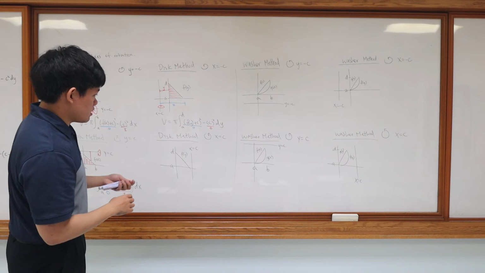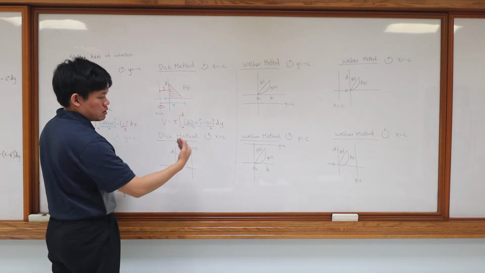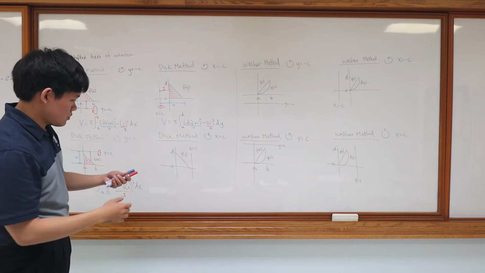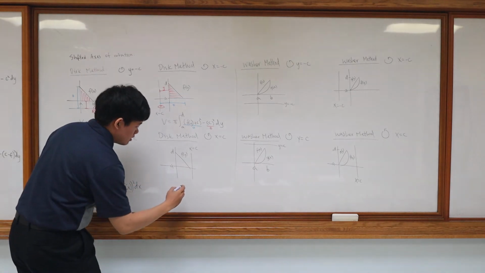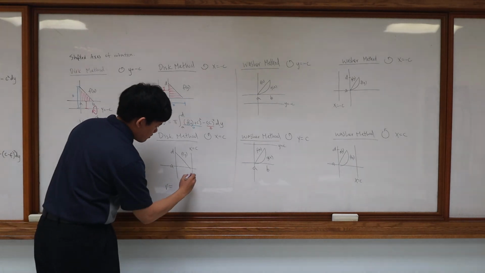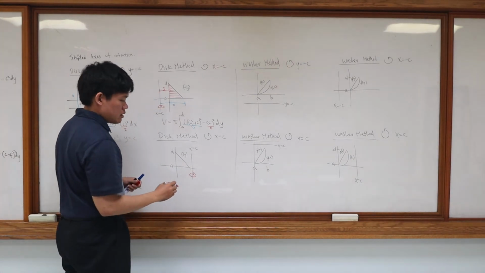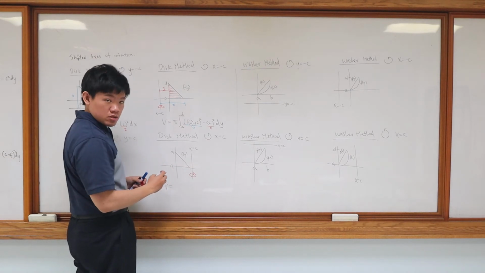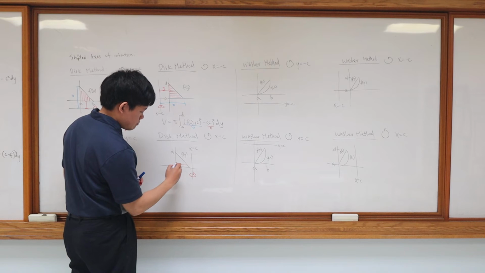Next one. The disk method, when your axis of rotation is x equals c, which is on the right side of the y-axis. Let's set it up. It's rotating there, so let's signify that. Because it's rotating around an axis that's vertical, the cross section is going to be perpendicular to that.